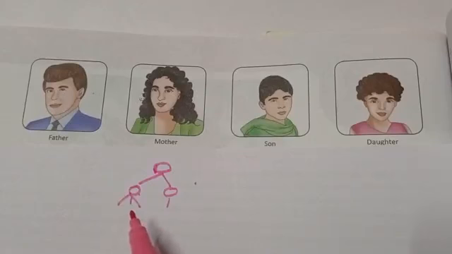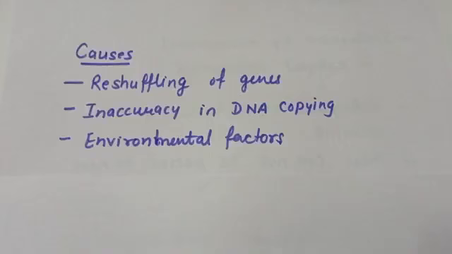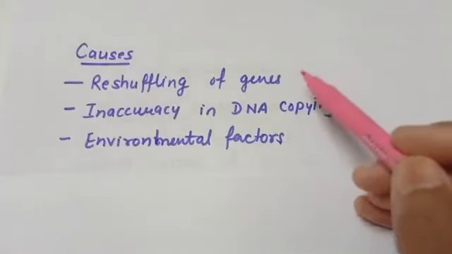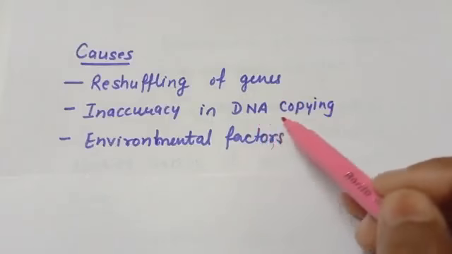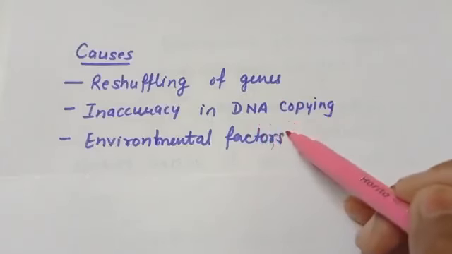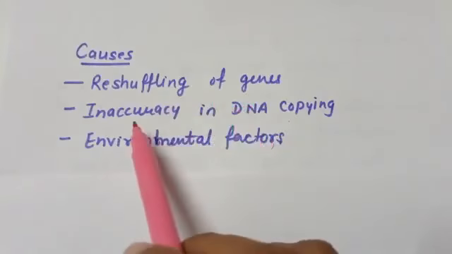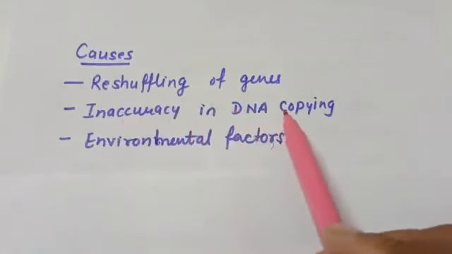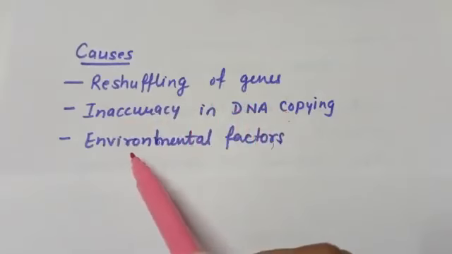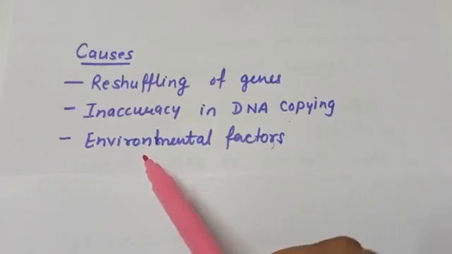Now, let us summarize the causes of variations in DNA. First is the reshuffling of genes, second is inaccuracy in DNA copying, and there can also be some environmental factors which can affect the variations or the characteristics of an individual.